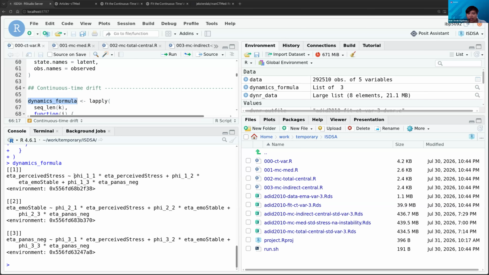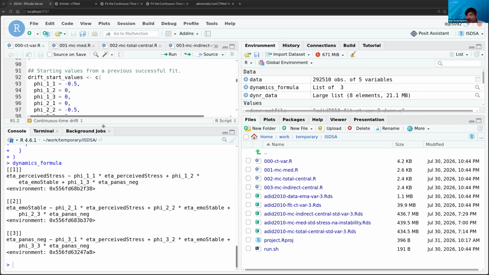But in many situations, when you have substantive research questions associated with these, it's important to also include, for example, a random set point, which Sy-Miin mentioned earlier. But here you can see you have a drift matrix, which distills the associations between the variables, and then you just multiply it by the latent variables.